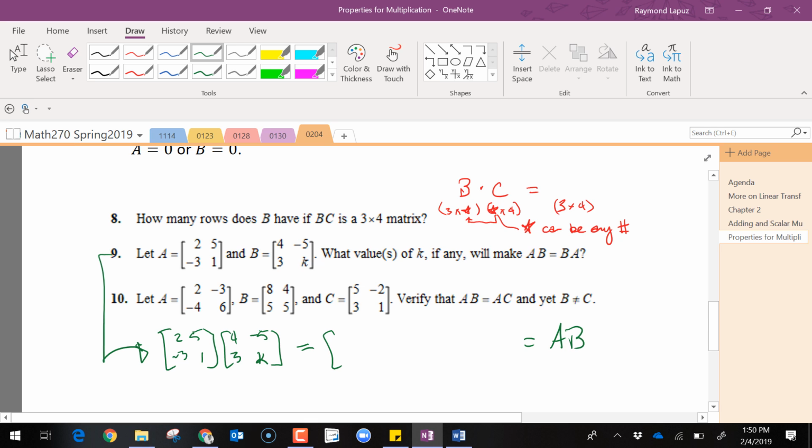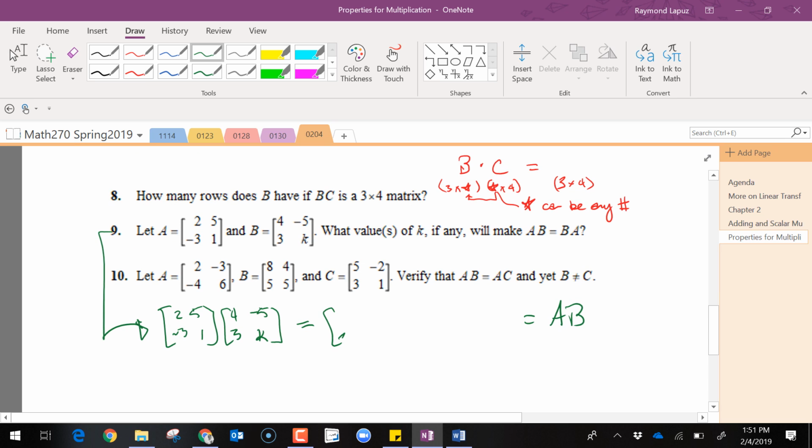So this is a 2 by 2, a 2 by 2. Your result should be a 2 by 2. I have 8 plus 15, 23. Negative 10 plus 5k.